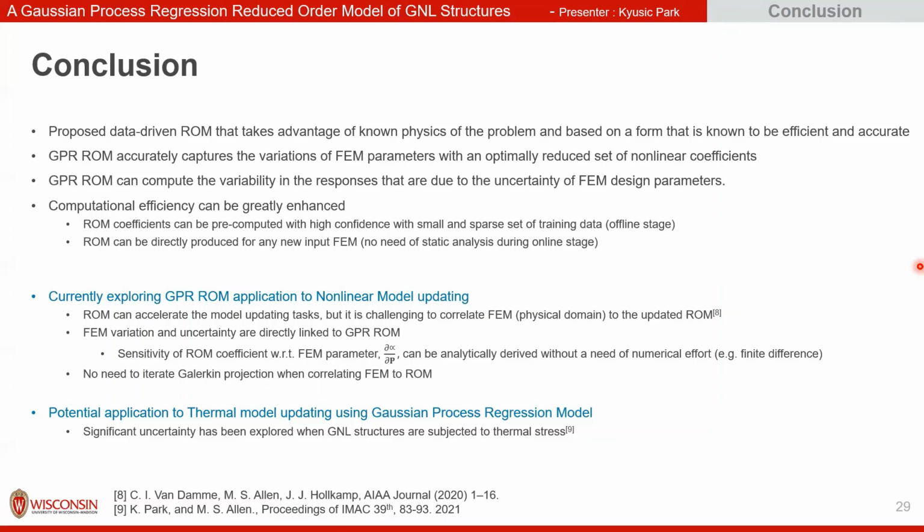When the FEM parameters were known to be uncertain, then we could use the GPR ROM to efficiently compute the variability in the response due to the known distribution of those FEM parameters. Also, the computational efficiency could be greatly enhanced by completely decoupling the offline and online stage.